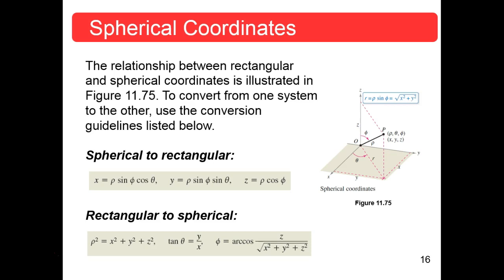So rho sine phi sine theta. And then the z is just simply rho, that's the length here, times the cosine. That's the adjacent side of this angle, phi. So it's rho cosine phi.